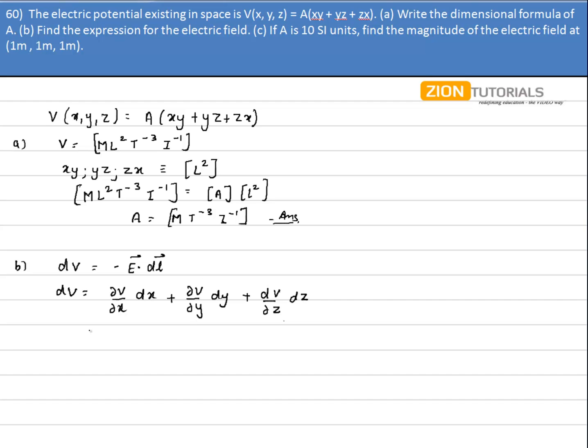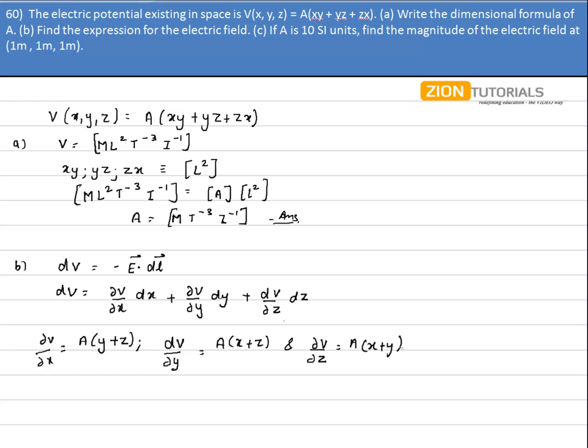Now we have the expression for V, and ∂V/∂x is A(y + z), ∂V/∂y is A(x + z), and ∂V/∂z is A(x + y).